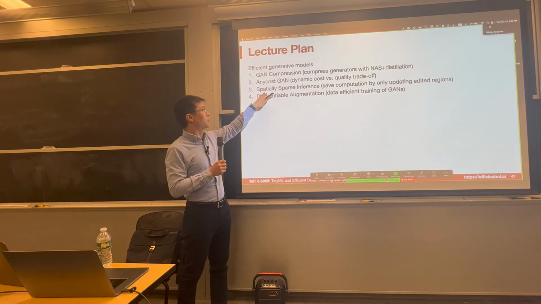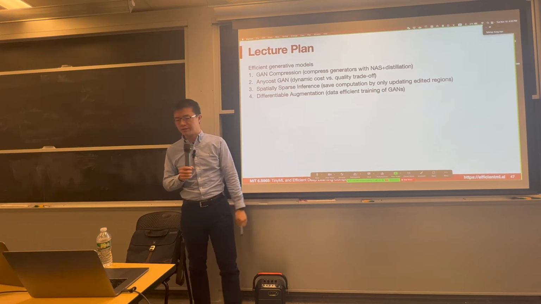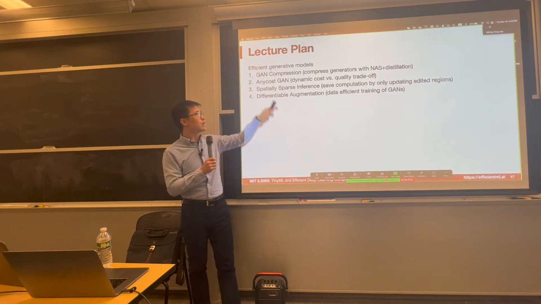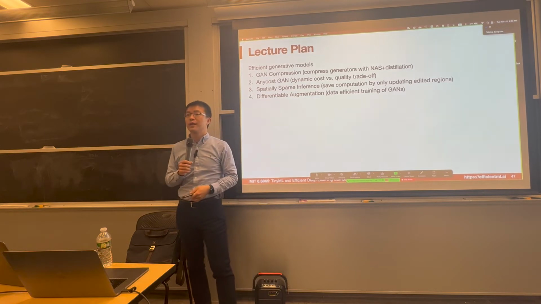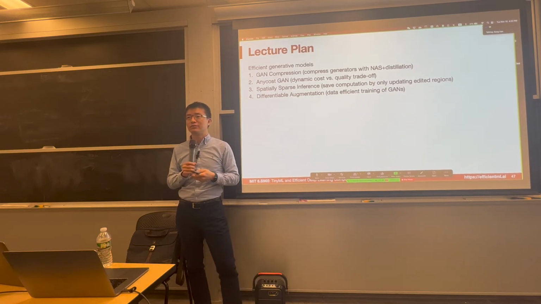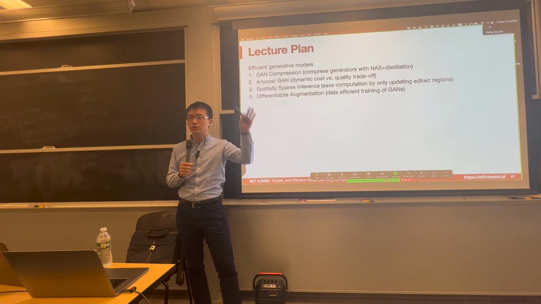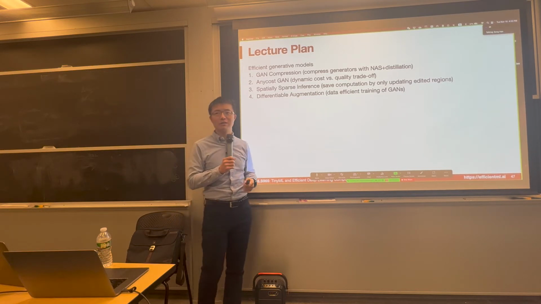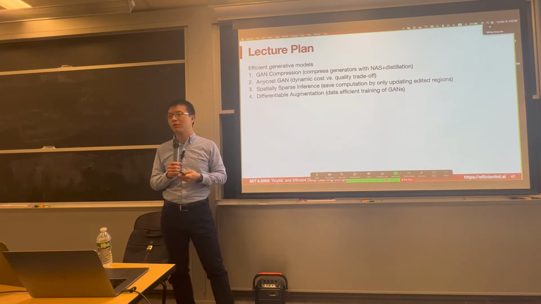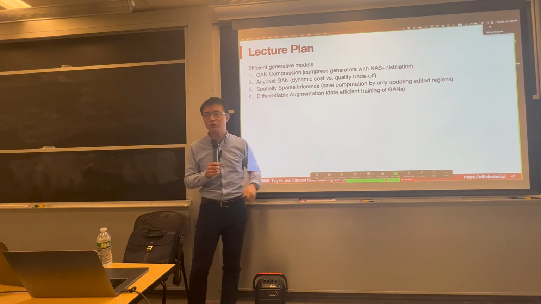And next, we'll talk about our latest NeurIPS publication, which is spatially sparse inference, to save the computation by taking advantage of those spatial redundancy. Since during photo editing, we are not editing all the pixels, can we only do the computation on those edited pixels to save the computation? And how do we efficiently support those sparse operations brought by this partial editing?